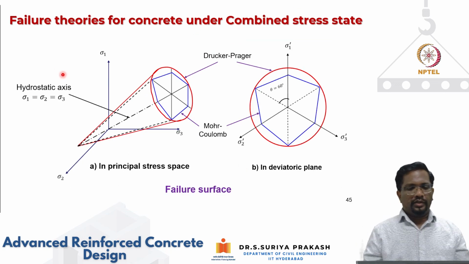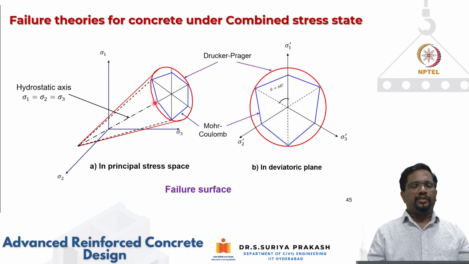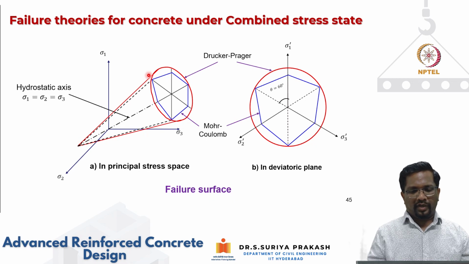Now, again in three-dimensional principal stress space, this is the way the failure surface is going to look for the Mohr-Coulomb and Drucker-Prager criteria. You can see that it is going to be like a cone for Drucker-Prager, and for Mohr-Coulomb it is going to be like a hexagon, and it is going to go and join and become a point.